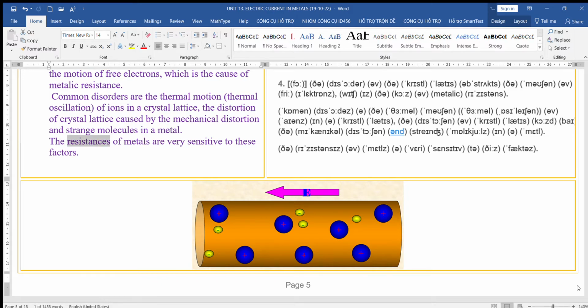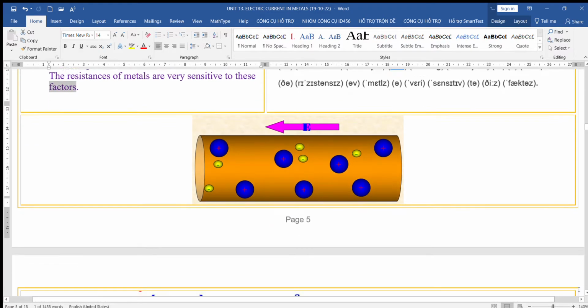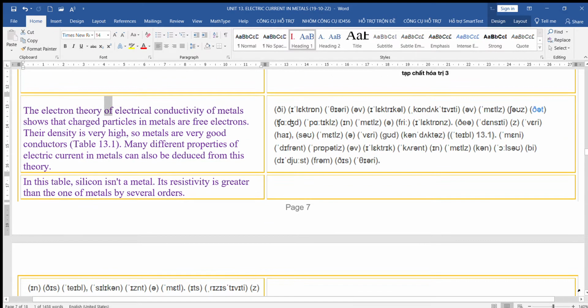The resistances of metals are very sensitive to these factors. The electron theory of electrical conductivity of metals shows that charged particles in metals are free electrons. Their density is very high, so metals are very good conductors, Table 13.1. Many different properties of electric current in metals can also be deduced from this theory.